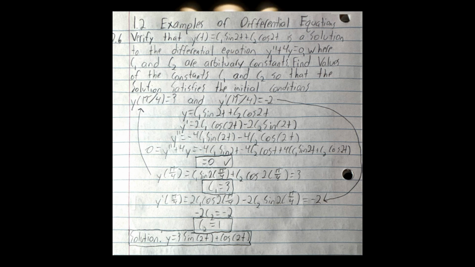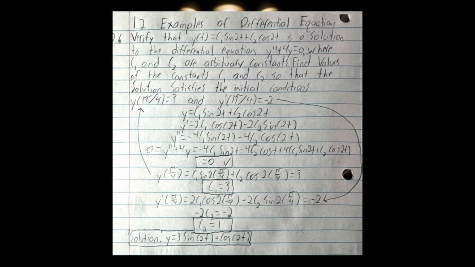So now, let's solve a quick example where we're going to talk about solutions to differential equations. We need to verify that y of t equals c1 sine 2t plus c2 cosine 2t is a solution to the differential equation y double prime plus 4y equals 0, where c1 and c2 are arbitrary constants.